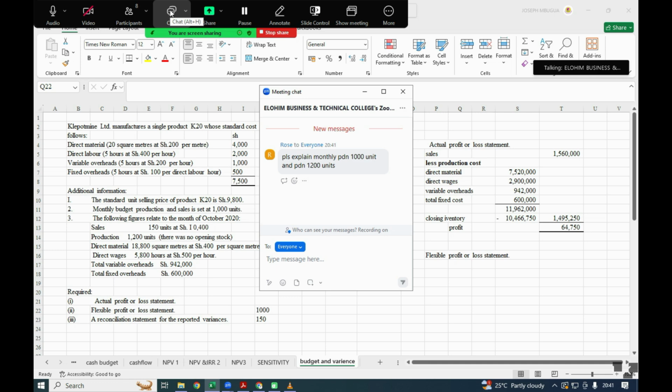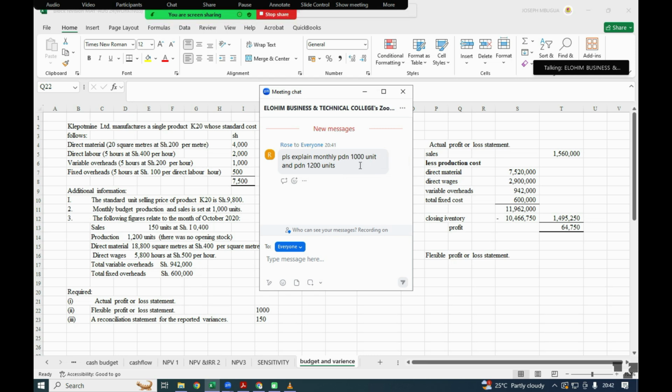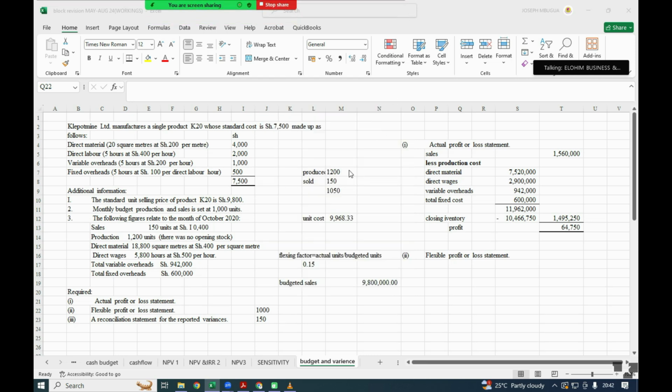So the monthly production of 1,000 units and production units of 1,200. The 1,000 was what was budgeted in note number 2. So this was monthly budgeted production and sales. We had budgeted we shall produce 1,000 and we shall sell 1,000, so there was nothing remaining under the closing under the budgeted.